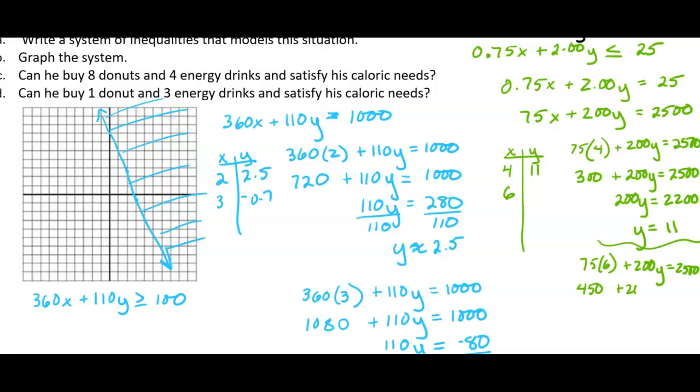Plus 200y equals 2,500. So 200y equals 2,050. And then I'd have to divide by 200. Should have gone with a different number. Oh well.